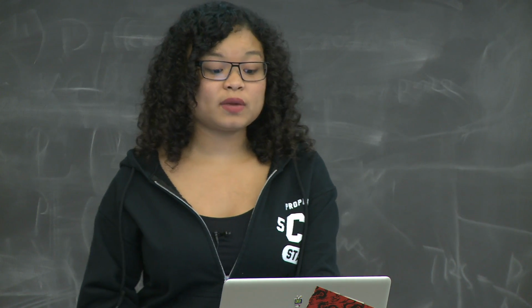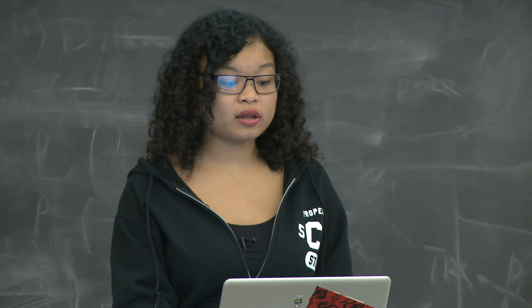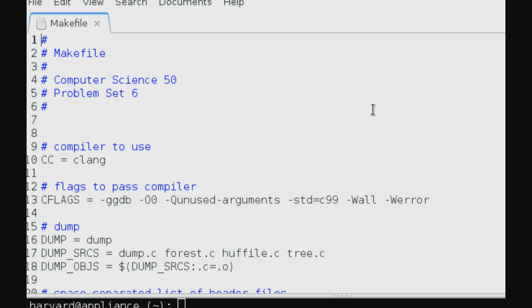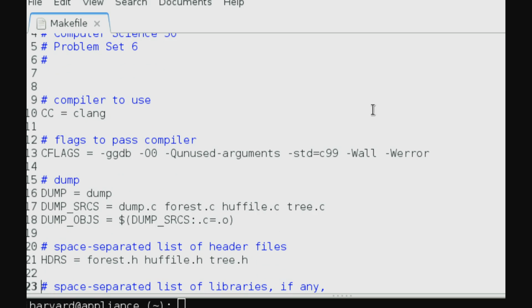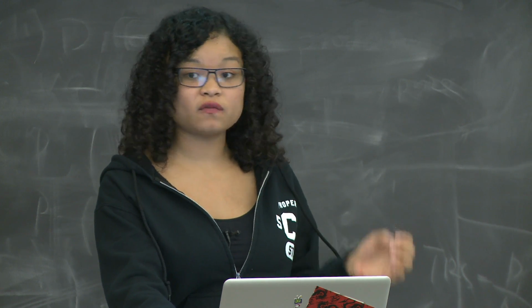And then finally, because we're dealing with multiple .c and .h files, we're going to have a pretty complex argument to the compiler. So here we have a Makefile that makes dump for you, but you have to go about making your own puff.c file.